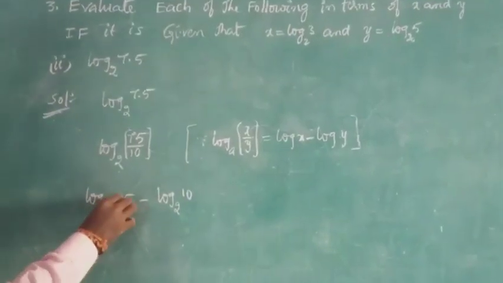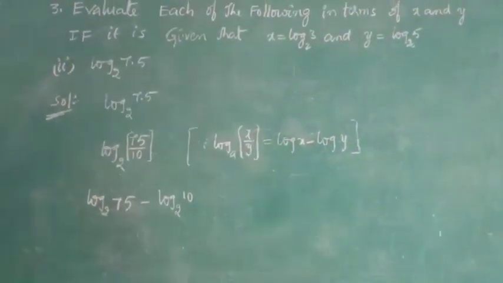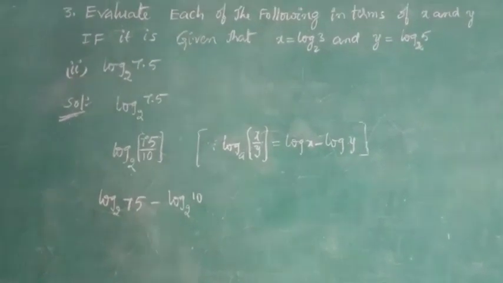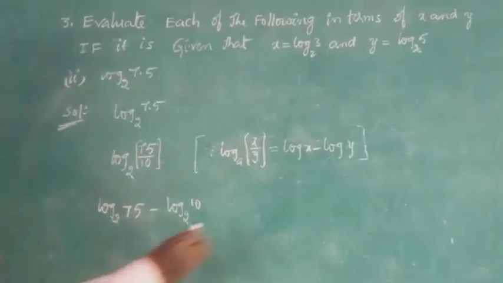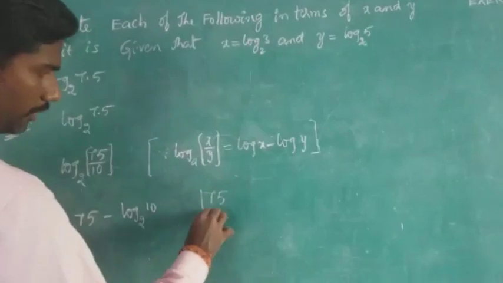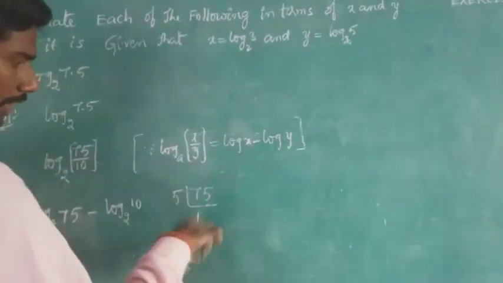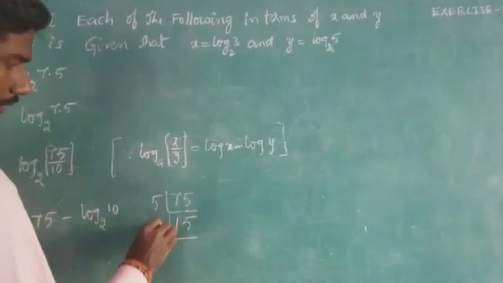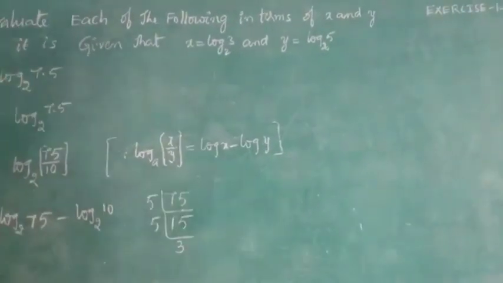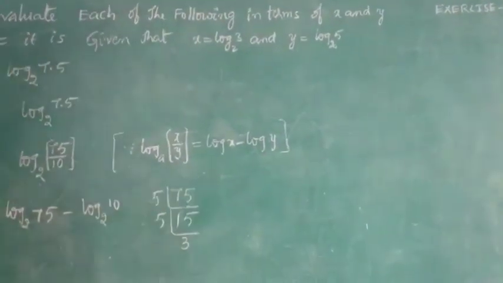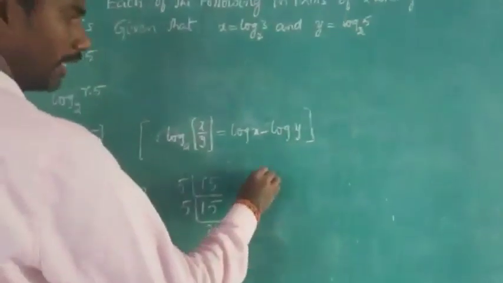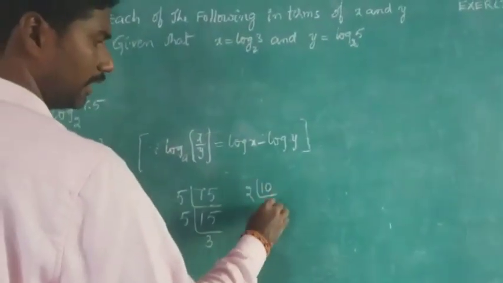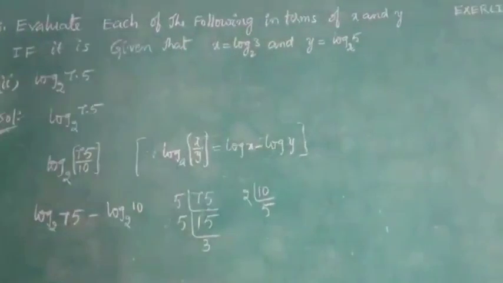So 75, how can you write the 75? If you don't know, you can find out the prime factorization. 5 table you can take: 5 1s are 5, 5 5s are 25, 5 3s are 15. Right? Prime factorization. 10 you can write as 2 5s are 10 and 5 2s are 10.